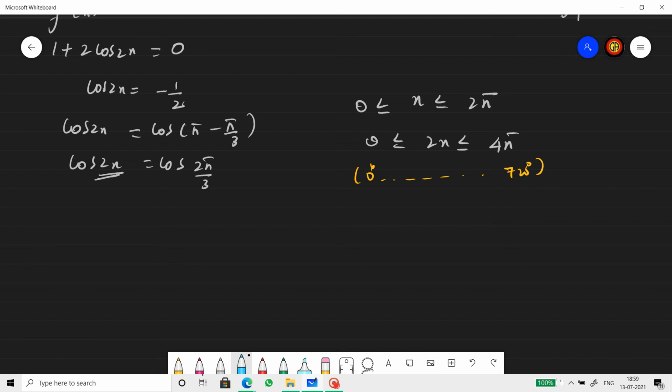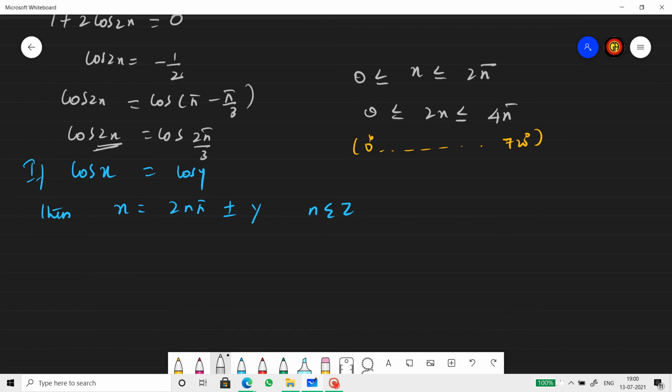Now, listen, cos 2x is equal to cos 2 pi by 3. Hope you remember the general solutions of last year. If cos x is equal to cos y, then x is equal to 2n pi plus or minus y, where n belongs to integer. This was the general solution.